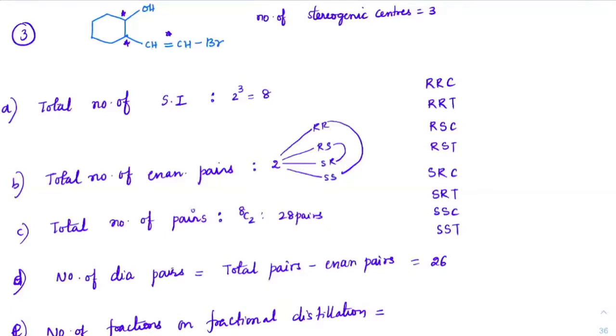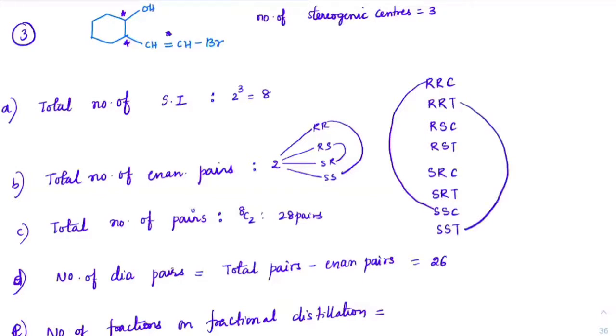Now, if you have the same molecule, RR and SS with cis, then only you will call it an enantiomer. Yes or no? Everybody? Only these two are enantiomers here. Same way, if you have RR trans and SS trans, correct?